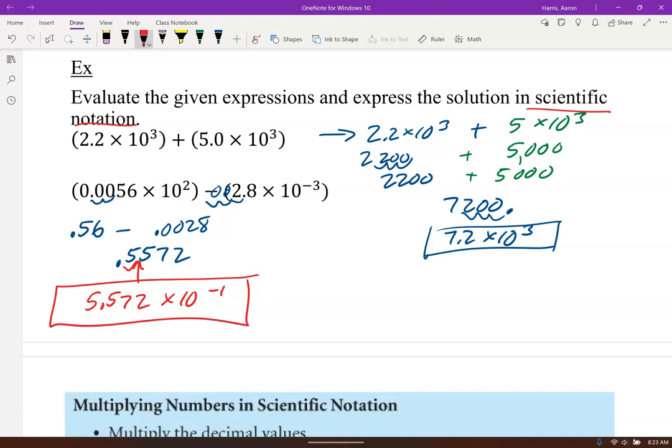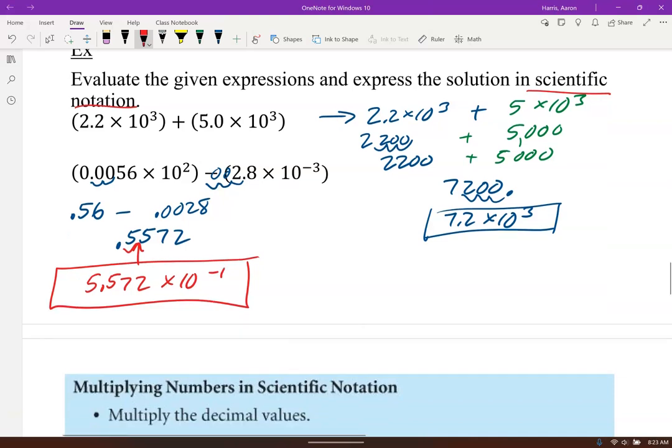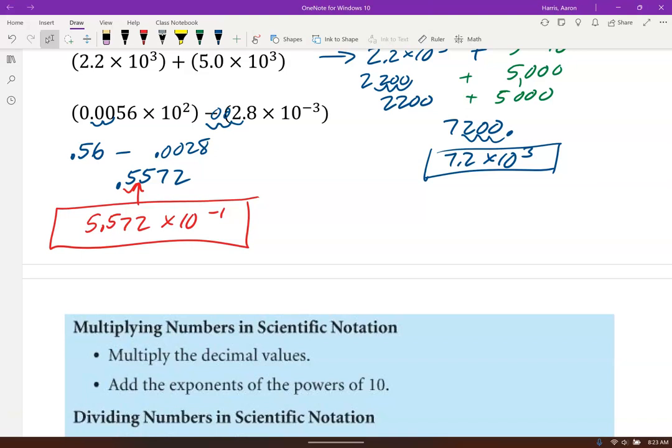What do you guys think? Let me give you a couple more. Let me have you guys try these ones here. How about 6.4 times 10 to the negative 3 plus 4.2 times 10 to the negative 1.